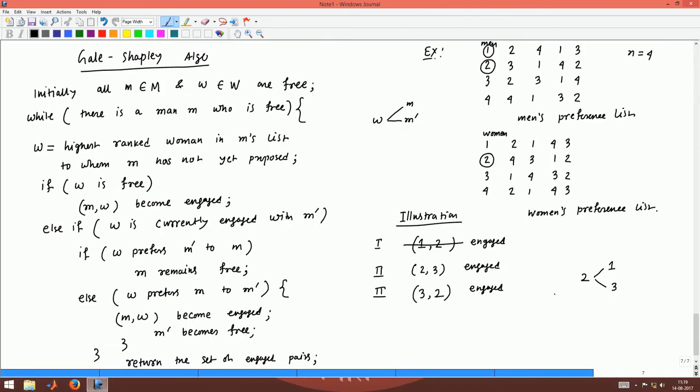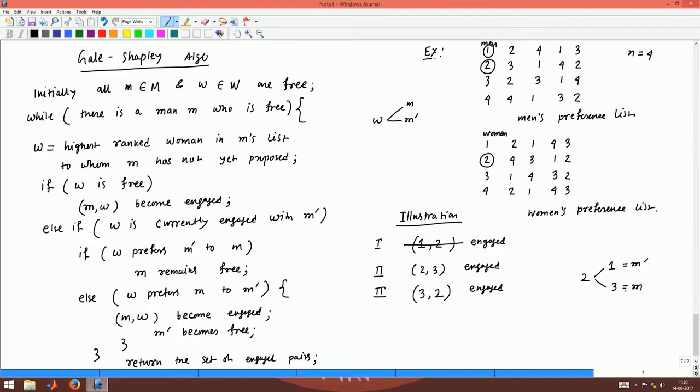I hope that you understood this step. 2 is at this moment engaged with 1, that is m prime is 1, and now she has a new proposal from m which is 3.